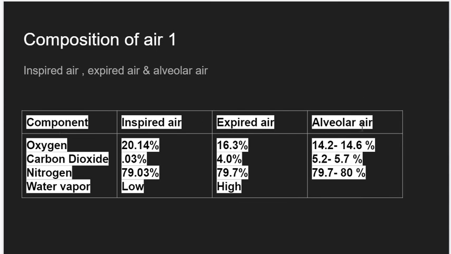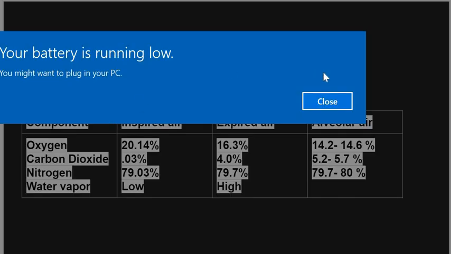If we compare the alveolar air, the air which is present in alveoli contain 14.2 to 14.6% oxygen, 5.2 से 5.7% तक कार्बन डाइऑक्साइड चला जाता है, and nitrogen again it is 79.7 to 80%. So there is no change actually in case of nitrogen, नाइट्रोजन के केस में कोई लंबा चौड़ा डिफरेंस नहीं आता है.